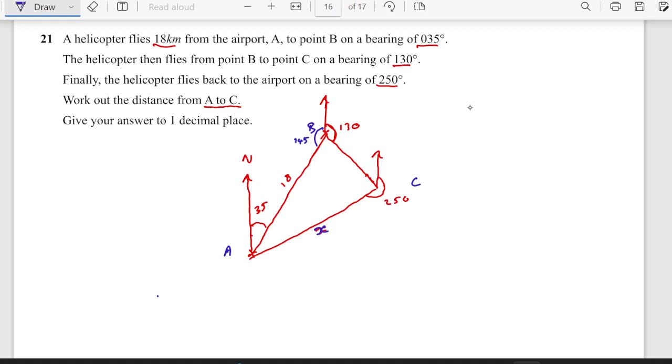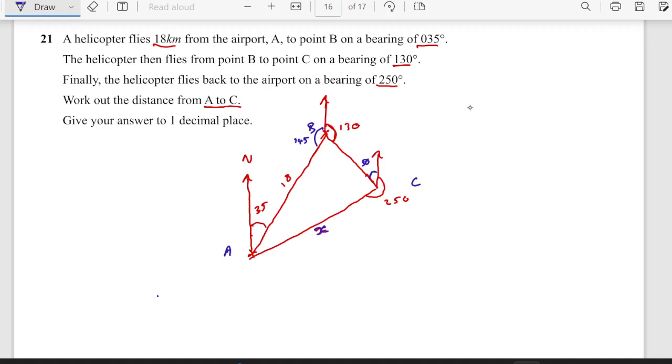And the bearing of 130 there means this angle is going to be equal to 50. From there I can work out the interior angles.